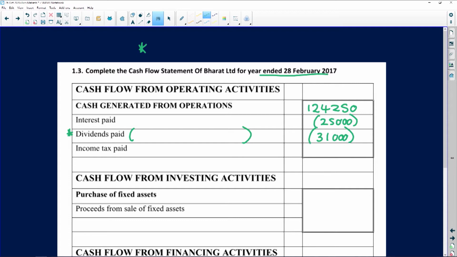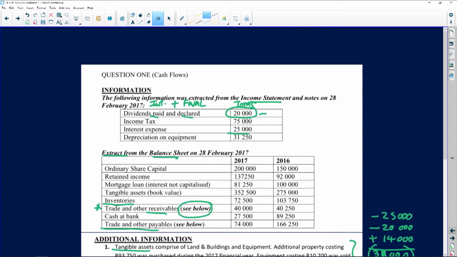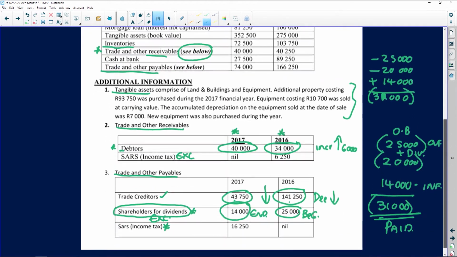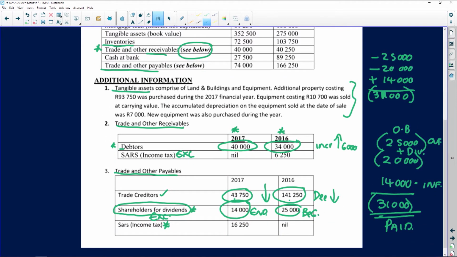Okay, right, let's now move on to income tax paid. And once again, for income tax paid, I'm going to need the following. Income tax for the year, 75,000. Then if I look at my notes, in 2017 income tax was nil, but in 2016 SARS owed the business 6,250, so clearly that was a debit balance, or we can refer to it as an asset.